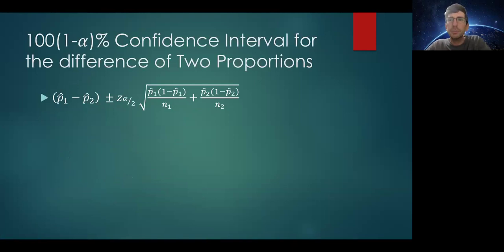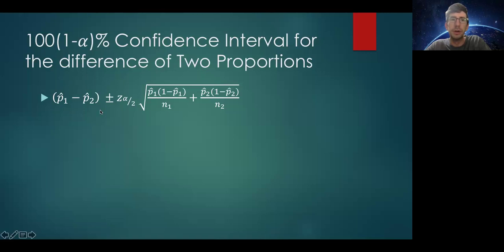Excuse me. So basically, we can calculate a 100(1 minus alpha) percent confidence interval for the difference of two proportions with this formula here, right?